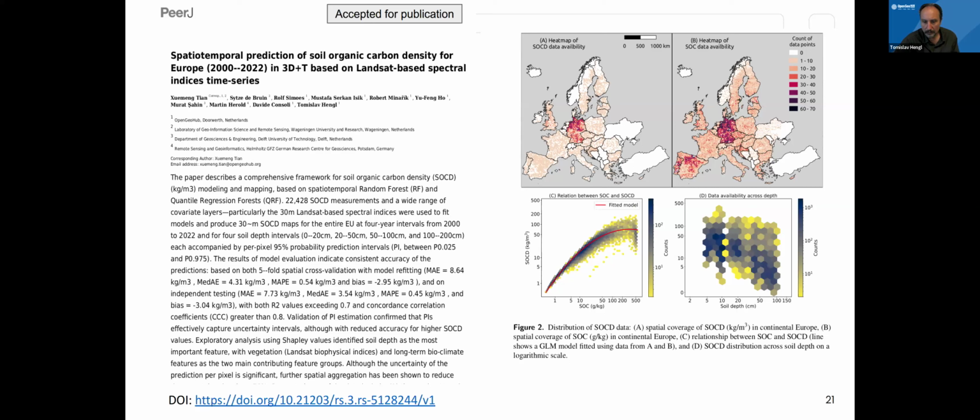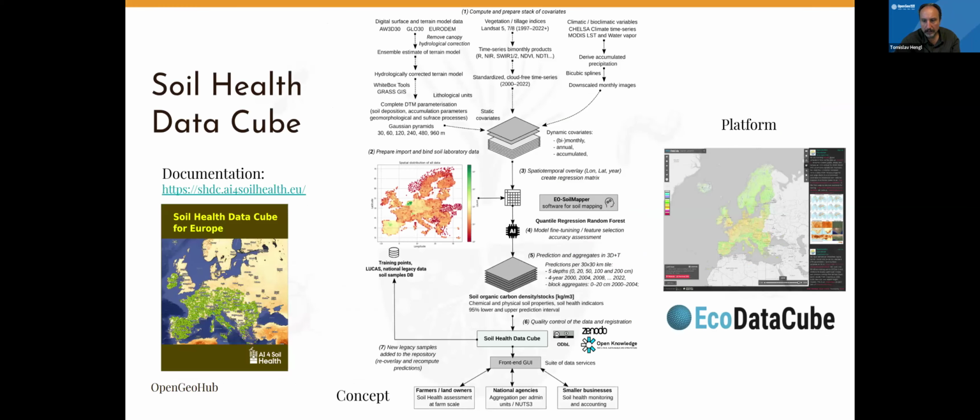So something we have fully documented. We show also all the training points we used, and also all the harmonization of data. Everything is explained. And then we make that data available through the Soil Health Data Cube. At the moment, we have a front end at ecodatacube.eu.